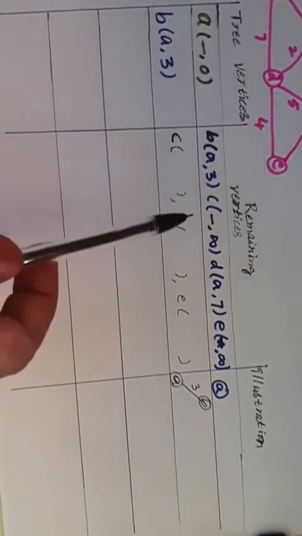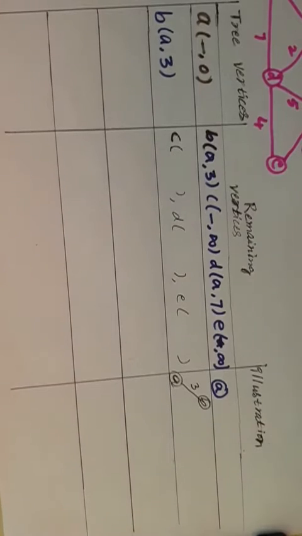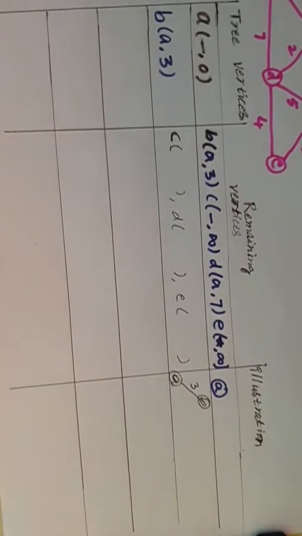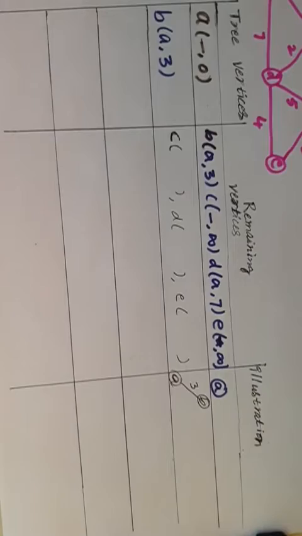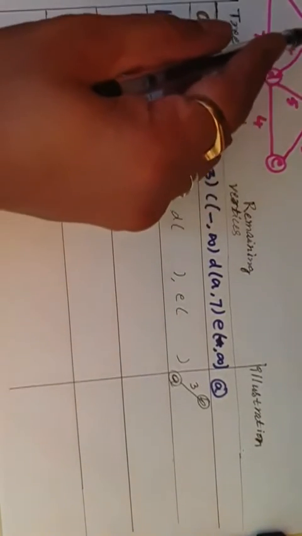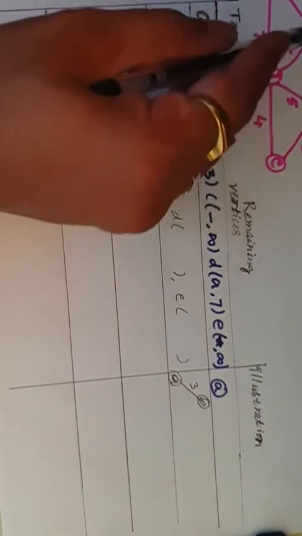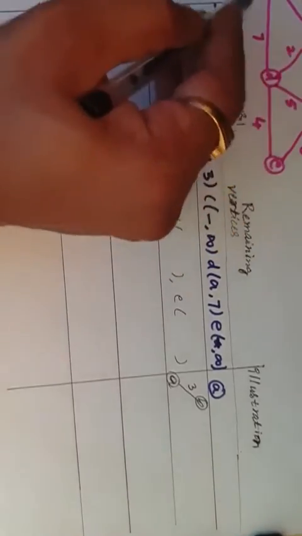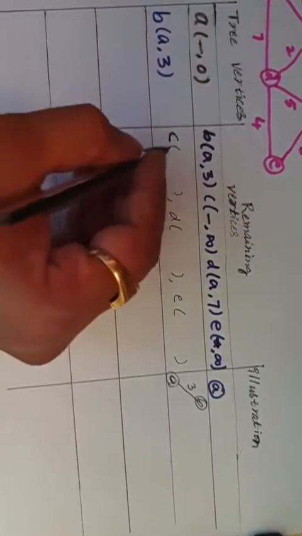Now c is nearest to a tree vertex, so I have b here. Initially c was null and infinity. Now c is connected to b, so I can reach a from c through b.